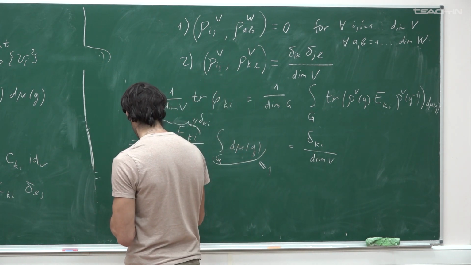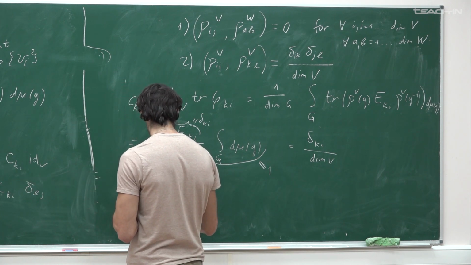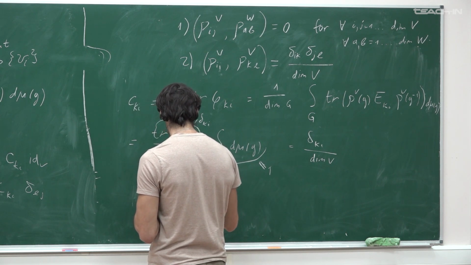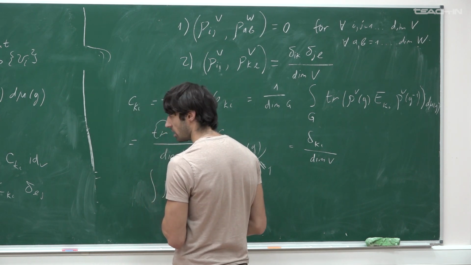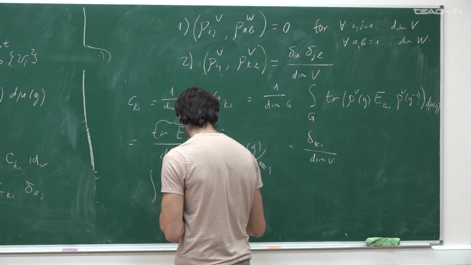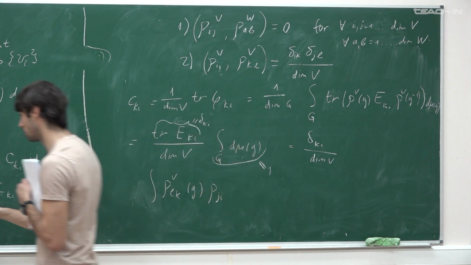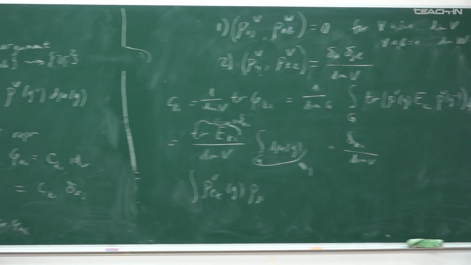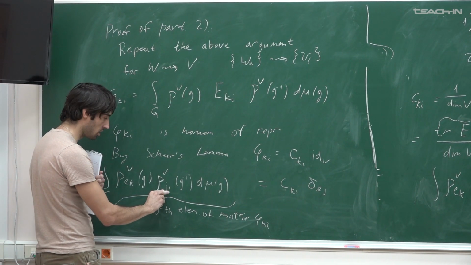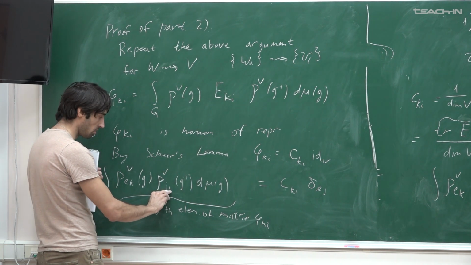So again, I have this integral of rho_Lk(g) rho_ji. No, let me not write it down one more time. So this, again, by unitarity, I erase the inverse here.